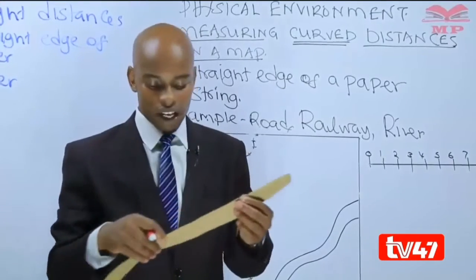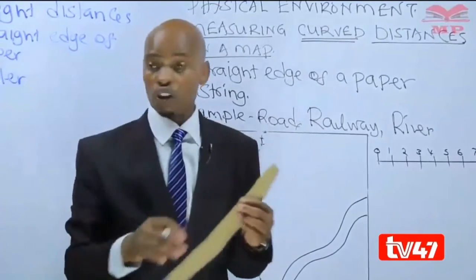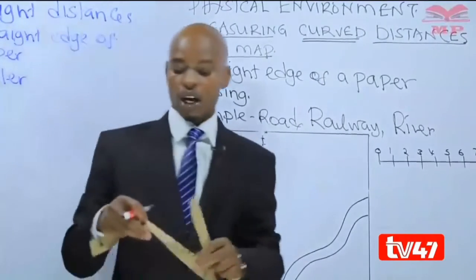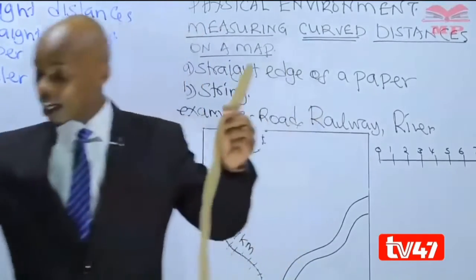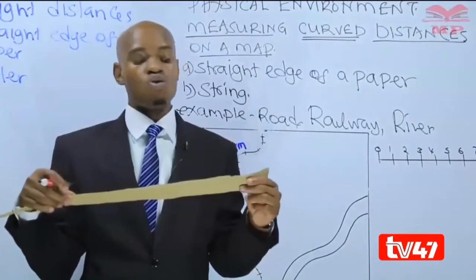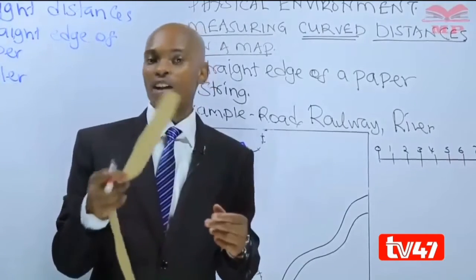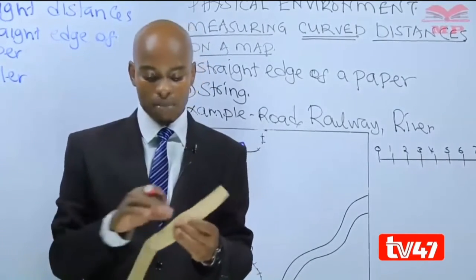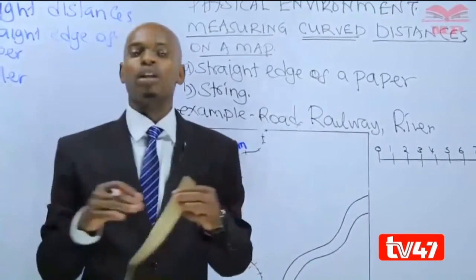Make sure that whichever straight edge of a paper you're using does not have initial marking, because if I were to use this one, I'll get confused because it already has some markings. So that's why I'm taking another one for a new measurement. Yours, maybe you don't need another one, but if you are able to erase, to rub, it is okay.